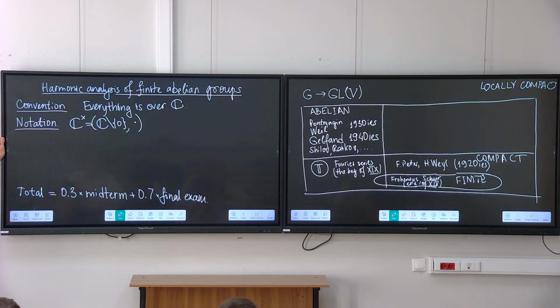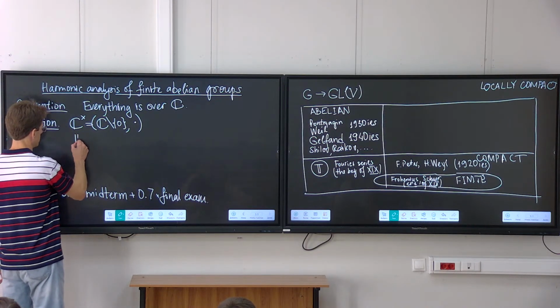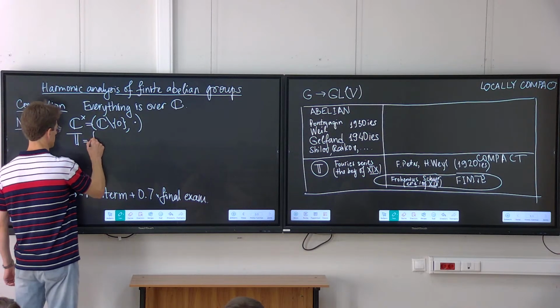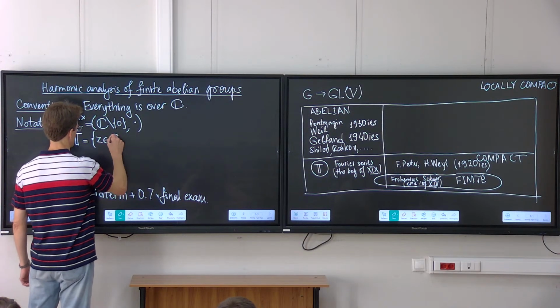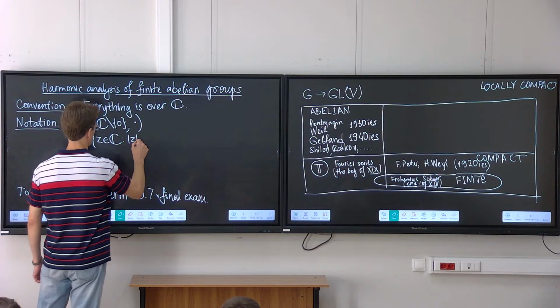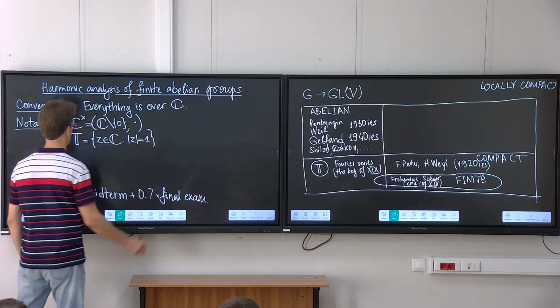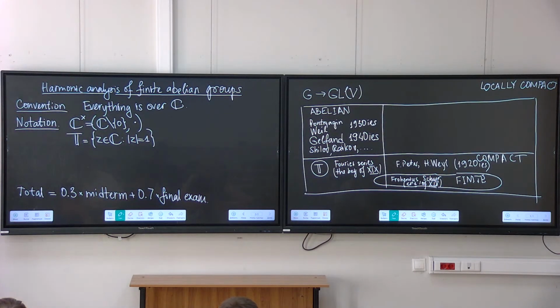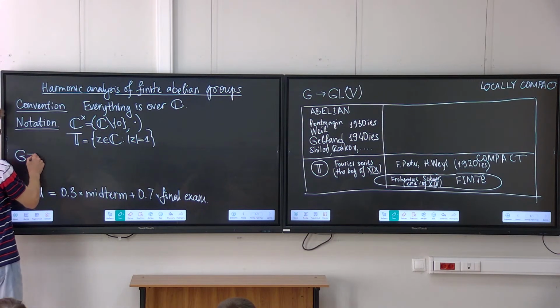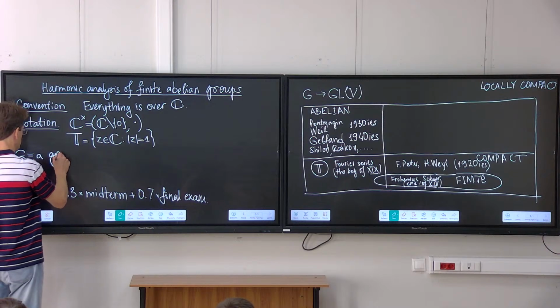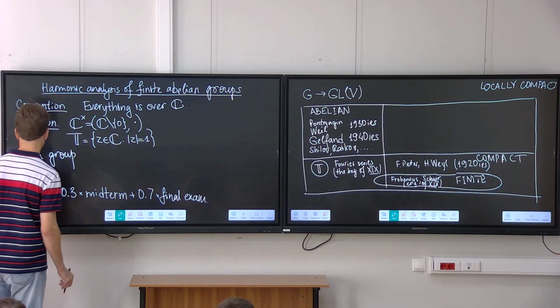In functional analysis, star is normally reserved for the dual space, so I'll denote it by C cross. And the unit circle on the complex plane will be denoted by bold T. This is a subgroup in C cross. Well, suppose now that G is a group. At this point it is an arbitrary group.